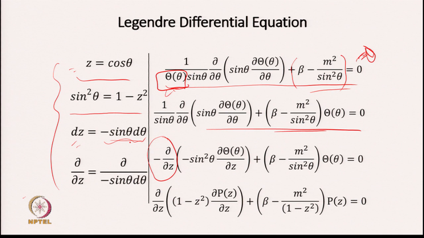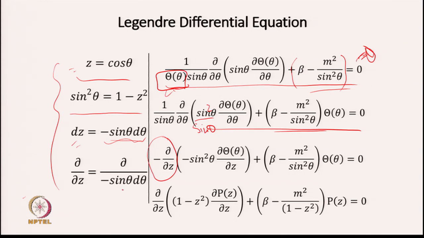Similar thing we are going to do here. Let us take this sin square theta by sin theta. What I did is multiply by sin theta in the numerator and divide by sin theta in the denominator. Why am I doing that? Because I know that 1 by sin theta del by del theta is equal to minus del by del z.